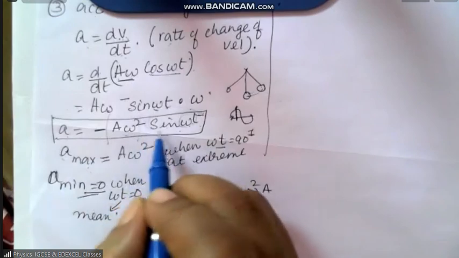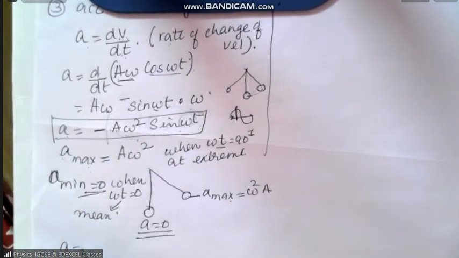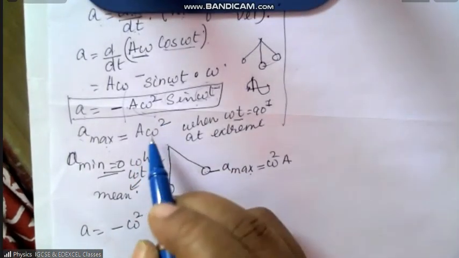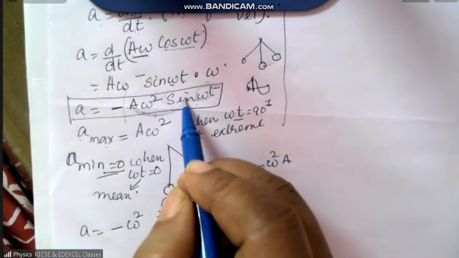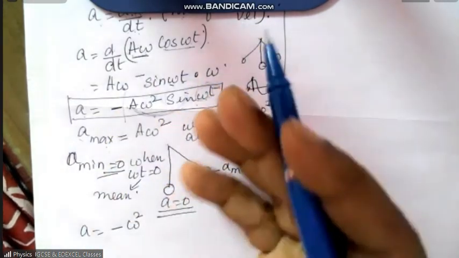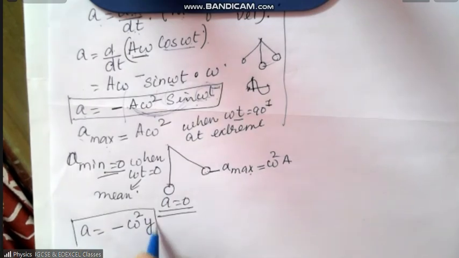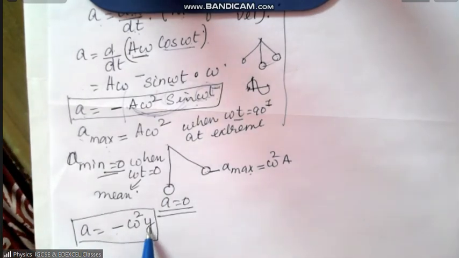Okay, now what is A sine omega t? Acceleration is equal to minus omega square times A sine omega t. A sine omega t was our displacement equation. So you can write a is equal to minus omega square y.